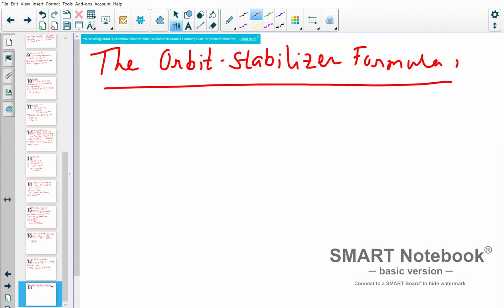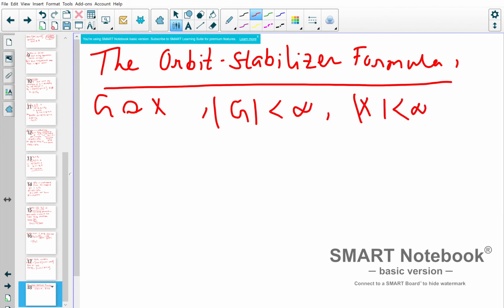What does it say? It says suppose G is acting on X, and you have a group which is finite, and your X is finite. Then you can write down the cardinality of X in terms of this nice pattern.